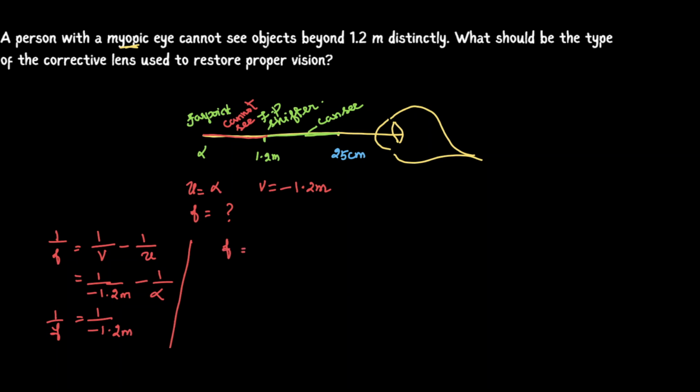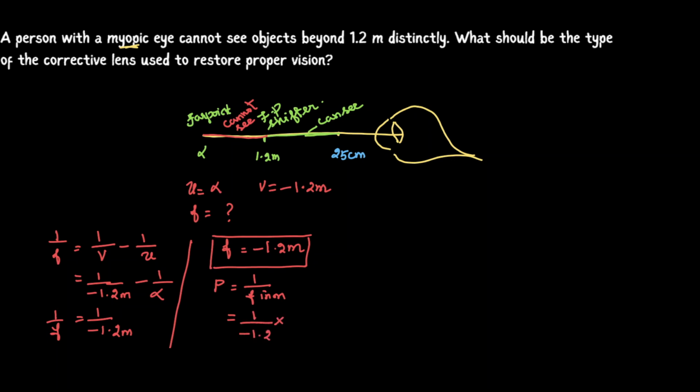So f is equal to minus 1.2 meter. It is already in meters, so we can use this directly to find P. So P is equal to 1 by f in meters, that is 1 by minus 1.2.